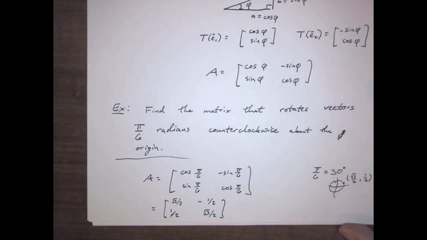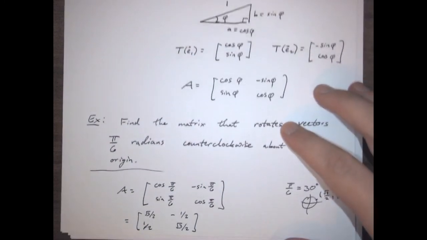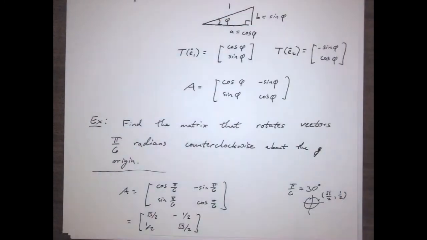Similarly, if you wanted to rotate it clockwise, you could make it negative pi over 6. And by that means you can accomplish all the rotations that you might want to do of an image in 2 dimensions.